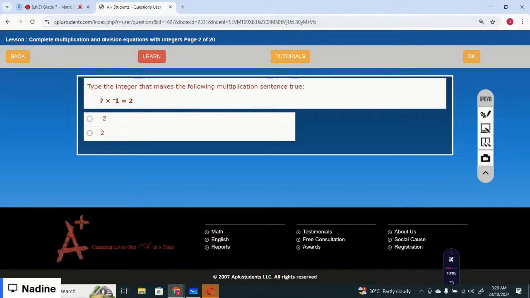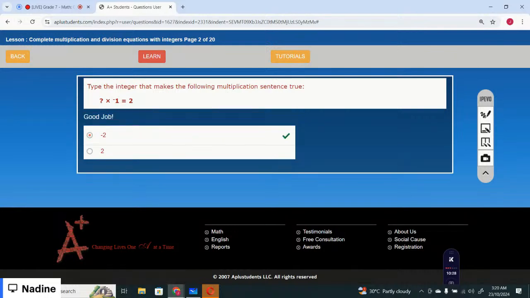So that means it is negative 1 times negative 2. Got it? That is negative 2 times negative 1 equals 2, right? The product of two negative numbers is positive.